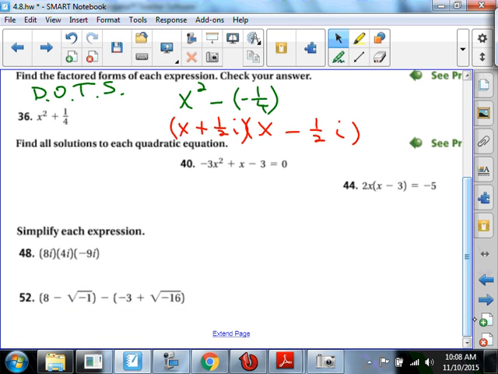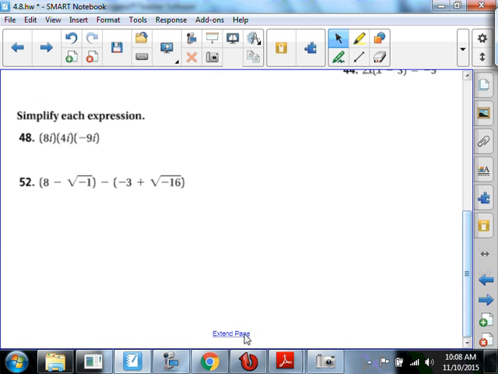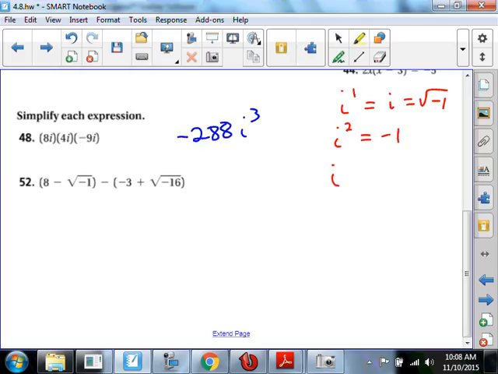So that takes care of 40 and 44. 48, maybe you multiplied all the coefficients and you got negative 288. And then you multiplied all the variables and you got i cubed. Remember, i to the first is just i, or the square root of negative 1. i squared is negative 1. i cubed is negative i, and i to the fourth is 1. So the deal is we replace i cubed with negative i. So that's negative 288 times negative i.